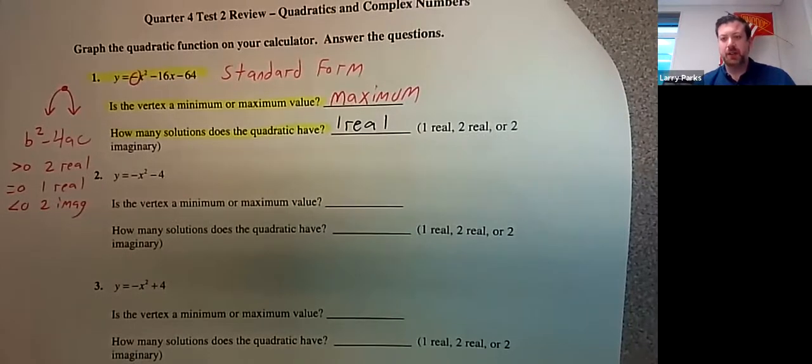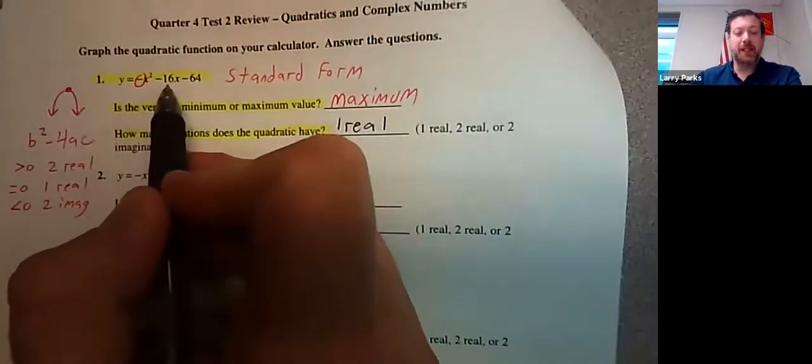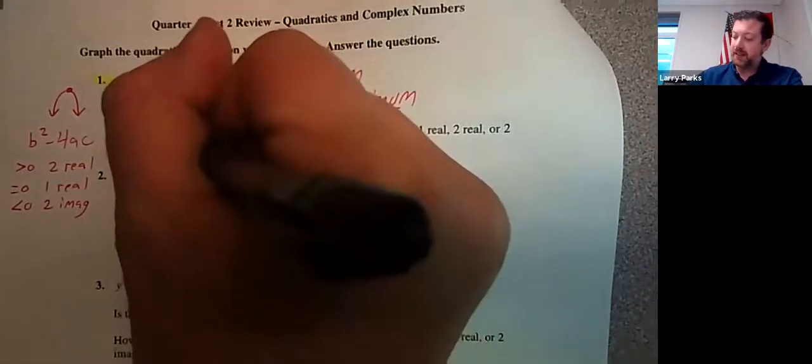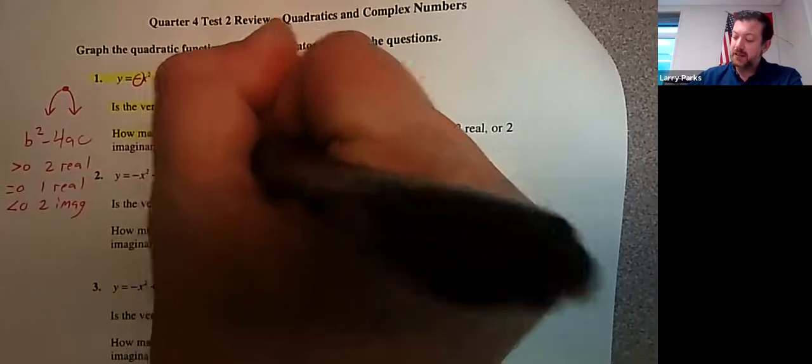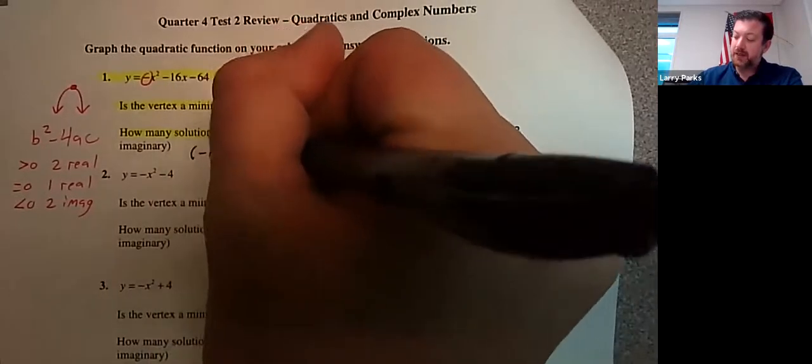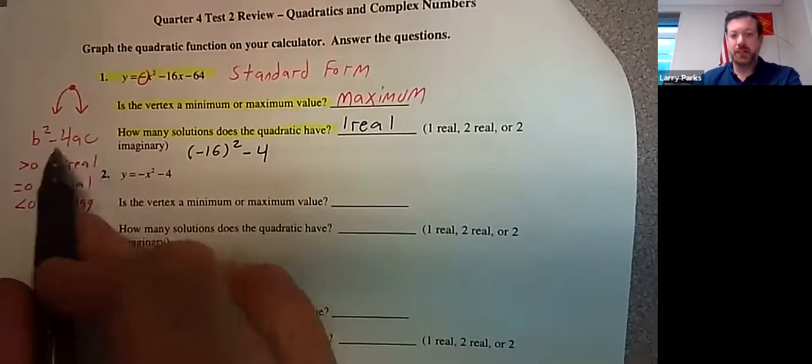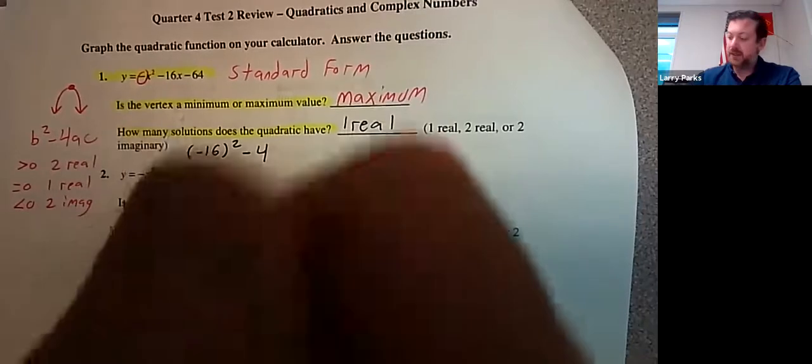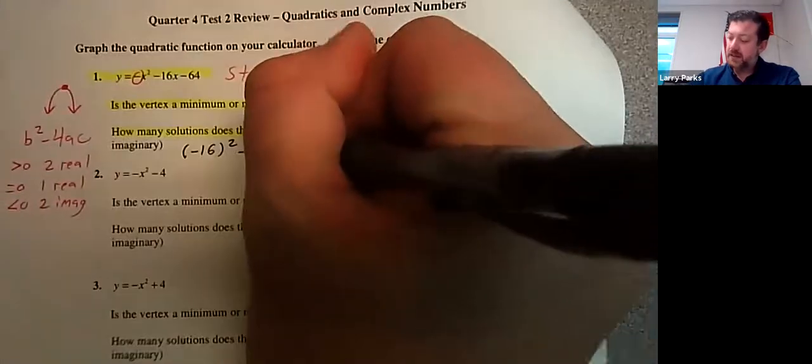For those of you that are more algebra prone, which is fine, so b is negative 16, so I'd say negative 16 squared minus 4. I'm just using this formula. A is negative 1. C is negative 64.